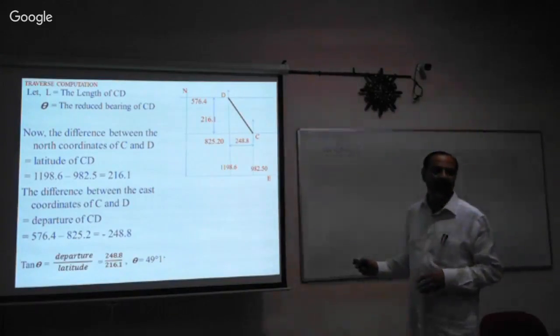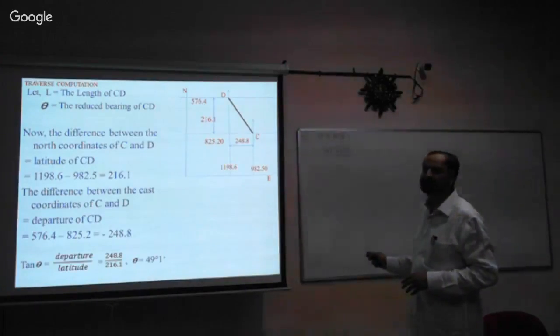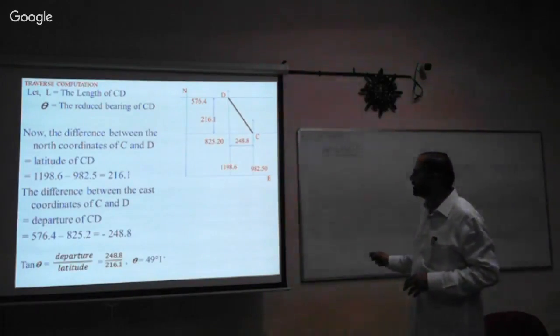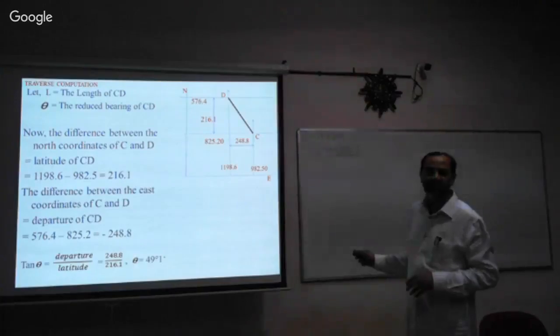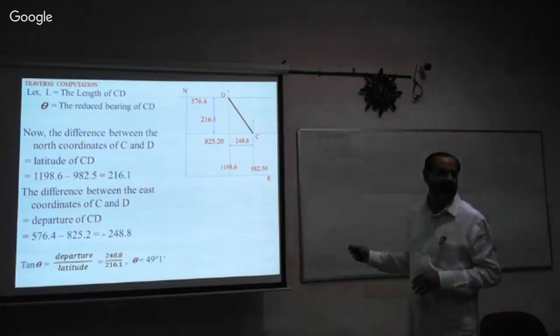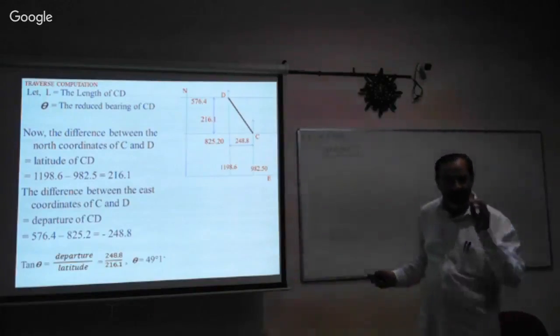Now sometimes the whole circle bearing will be given for this line, the whole circle bearing of this CD. Sometimes the reduced bearing will be given, such as north west. These are the fundamentals one should know.